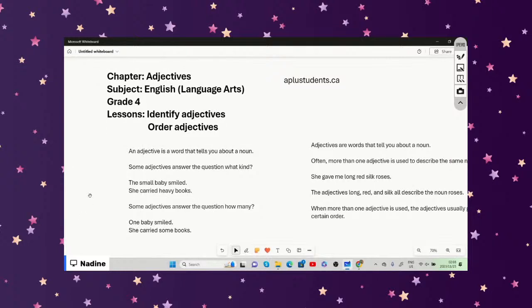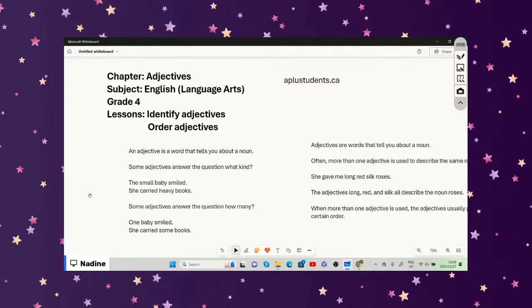All right. So basically, before we identify adjectives, an adjective is a word that tells you about a noun.